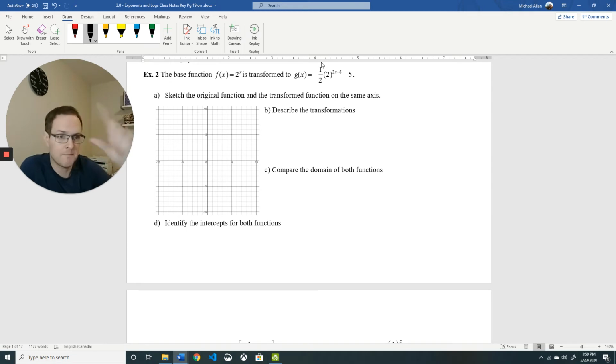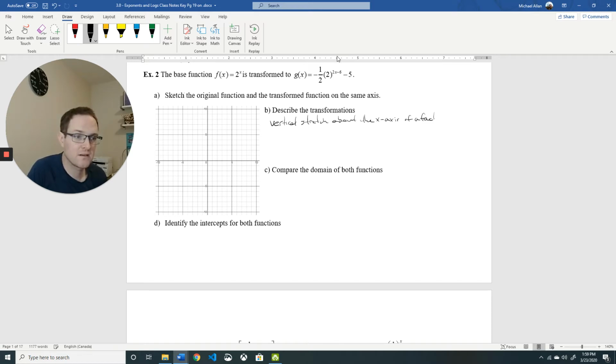So we've got a vertical stretch about the x-axis of a factor of 1/2. You can see there's a 2 here, but you notice that this is written in the incorrect form.